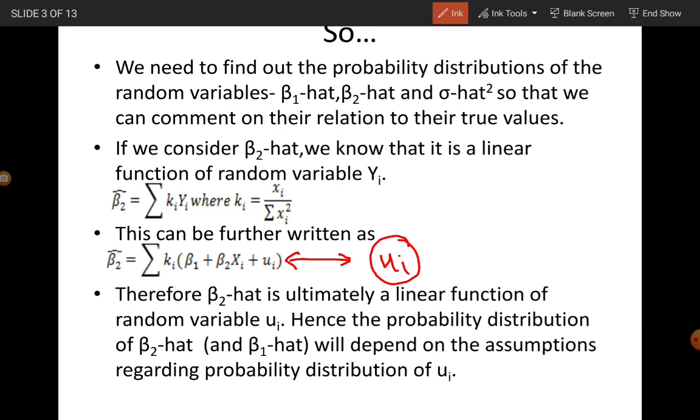And we know that beta 1 hat is a function of beta 2 hat. How is it a function? So beta 1 hat is equal to y bar minus beta 2 hat x bar, right? So even beta 1 hat's probability distribution will also ultimately depend on the probability distribution of ui, or the error term.